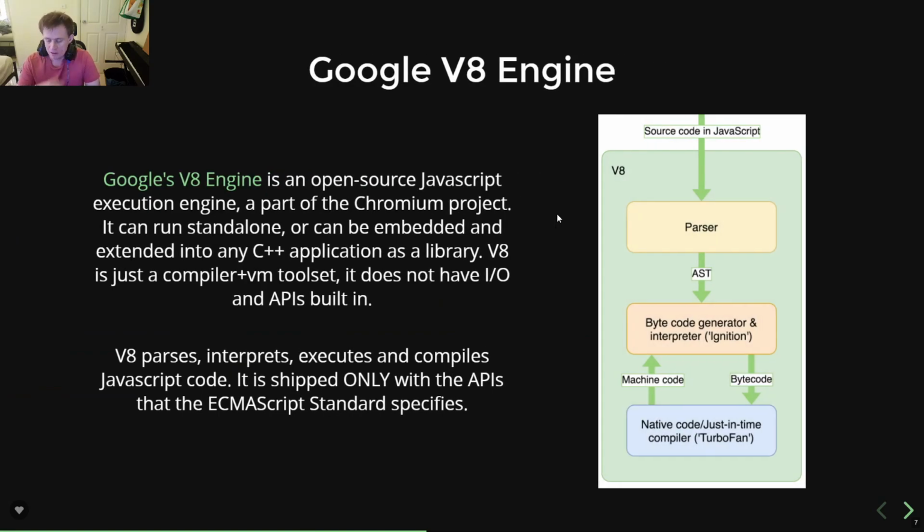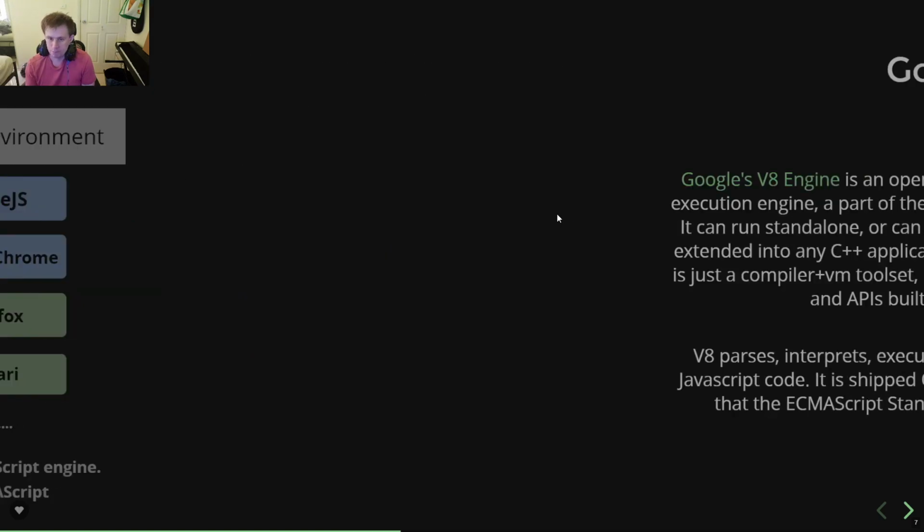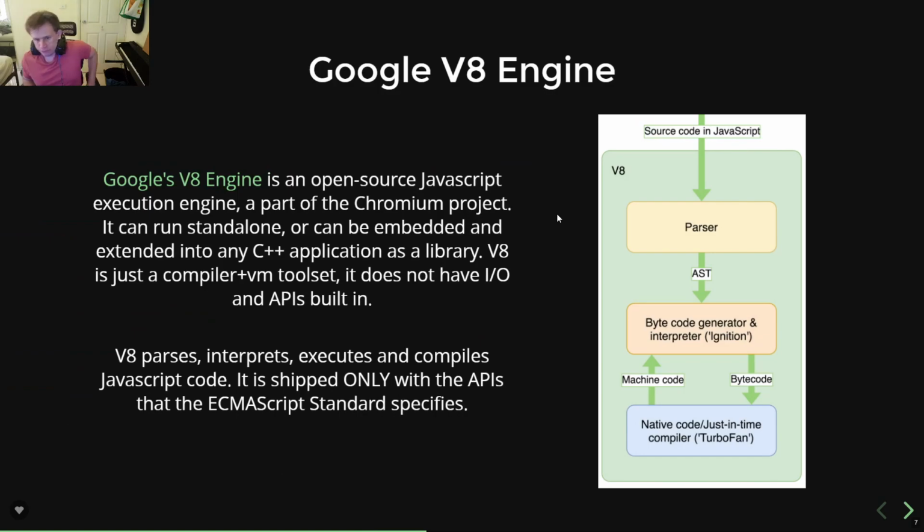Okay, so we're going to have a look now at a few key parts of this. The ones I've highlighted in blue are the ones we're interested in for this course. The first one's the Google V8 engine. I've referenced this a few times. It is an open source JavaScript engine. That means it's free to use. You could go onto the internet and download the source code for the V8 engine and compile it yourself. I've never tried to do it, and not that you would find much value in that, but you could do it.